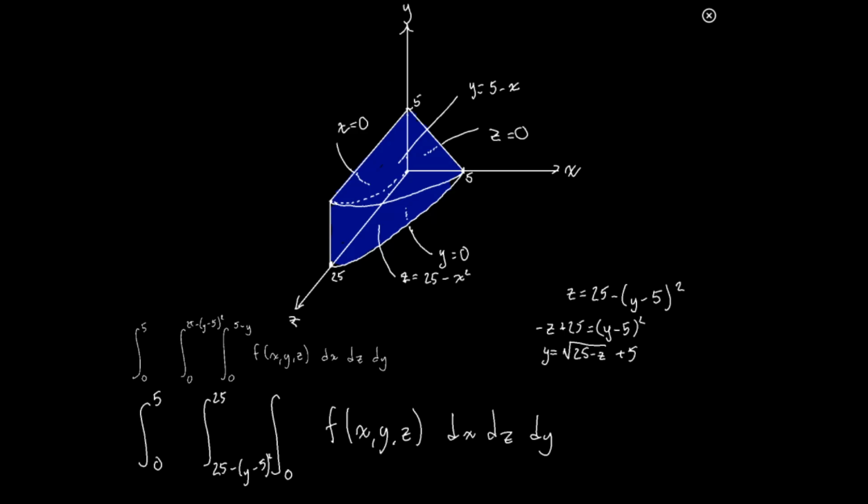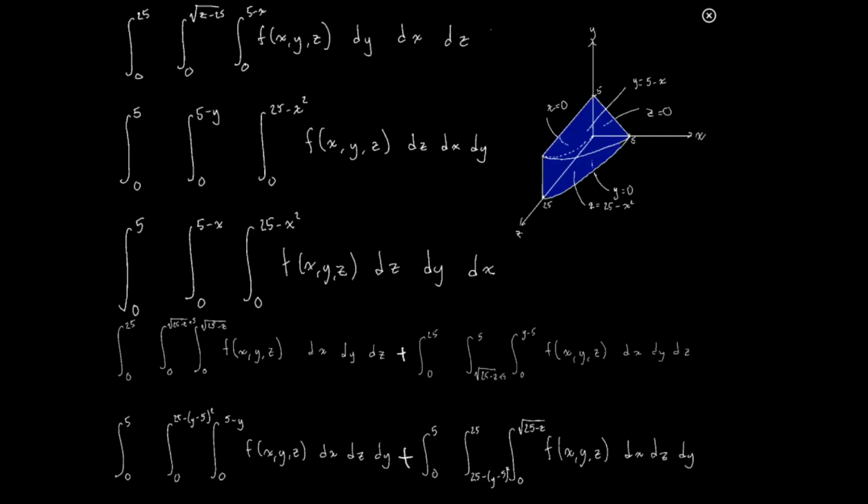We get square root of 25 minus z. Awesome. All right, after all that, these are all the different orders of integration that we got besides the one that was already provided for us. And that's all of the orders of integration that are possible.